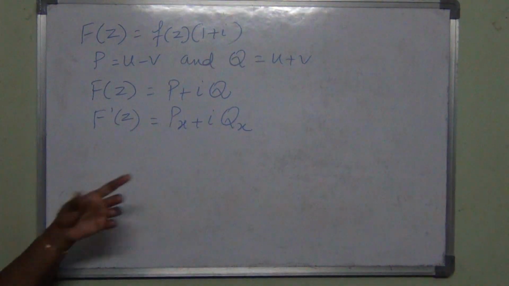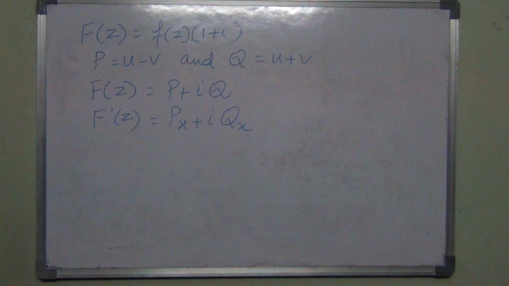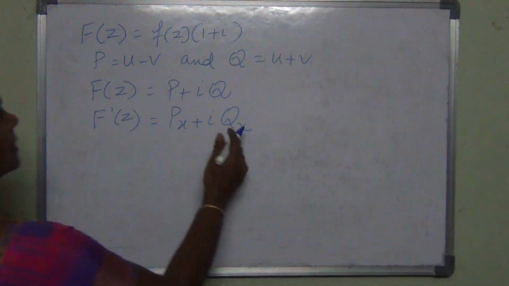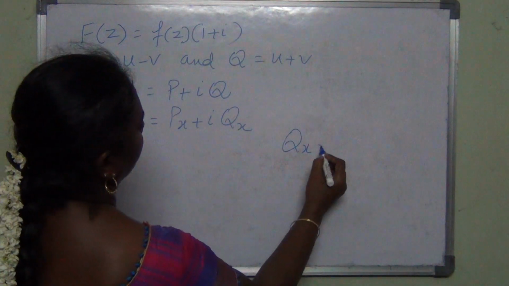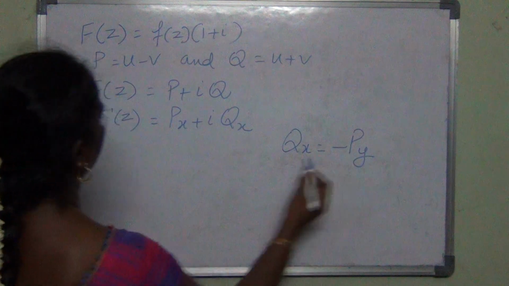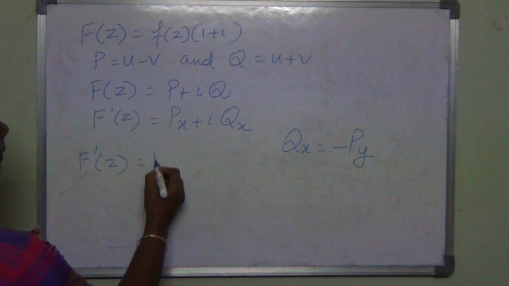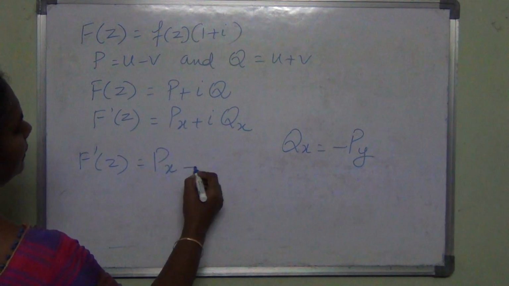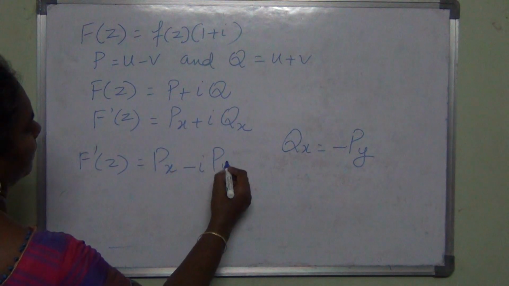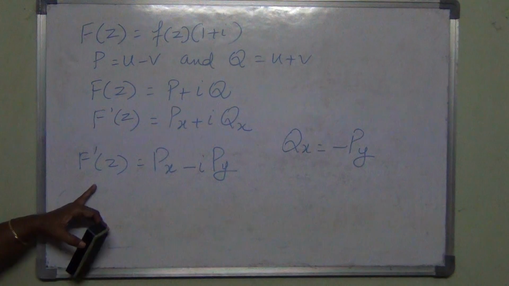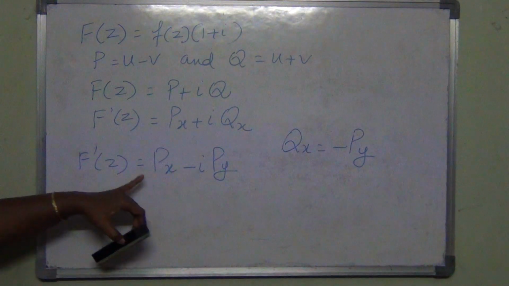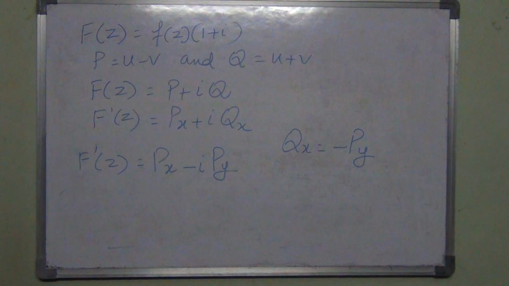Using the CR condition, Qx can be written as −Py. So therefore F'(z) = Px − i·Py.